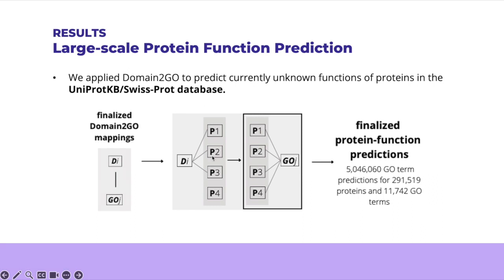We achieved this by propagating the domain-associated GO terms to the proteins that contain those domains, leveraging the protein domain annotations provided in the InterPro database. The resulting protein function prediction set encompasses over 5 million predictions, covering nearly 300,000 proteins. Notably, this entire process took only 4 minutes to complete on a regular consumer-level computer.